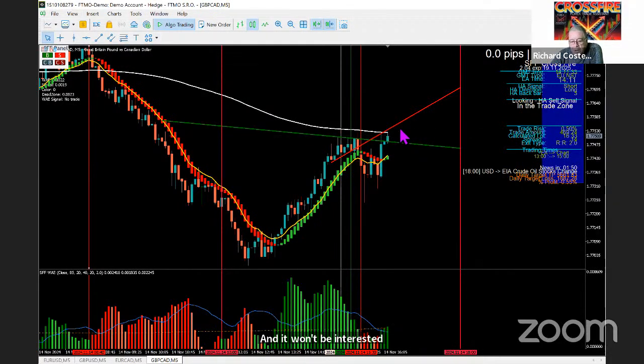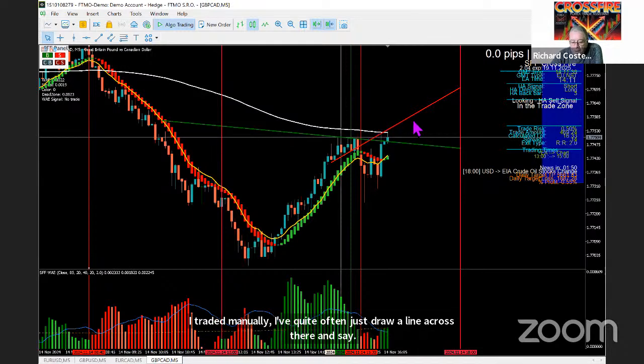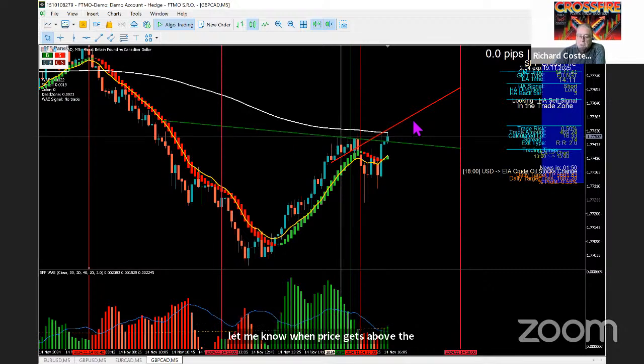When I traded manually, I would quite often just draw a line across there and say, let me know when price gets above there, and then I'll come back and have another look. But the trading assistant knows not to get in for a buy under the current situation, partly because the Water ATA is telling it to keep out.